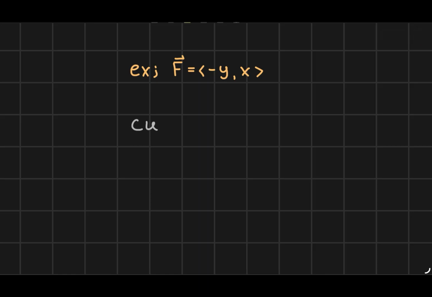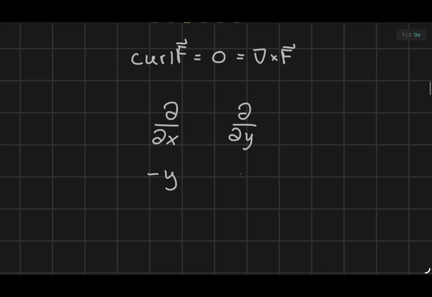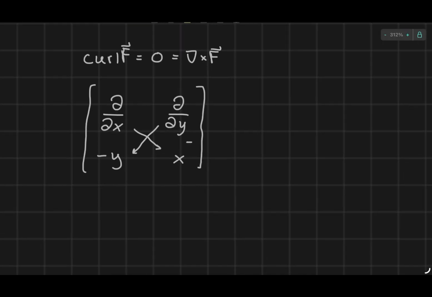Once again, our check here is if the curl of f is equal to 0. Curl of f is going to be the gradient across our vector field. Similarly, we're going to have d dx, d dy, negative y, x, and make a determinant here. We're going to multiply these two, subtract it with these two multiplied.